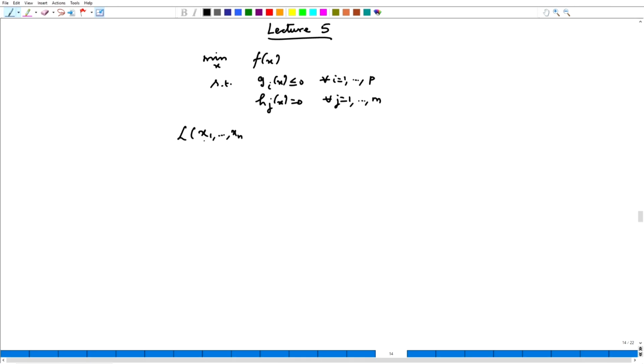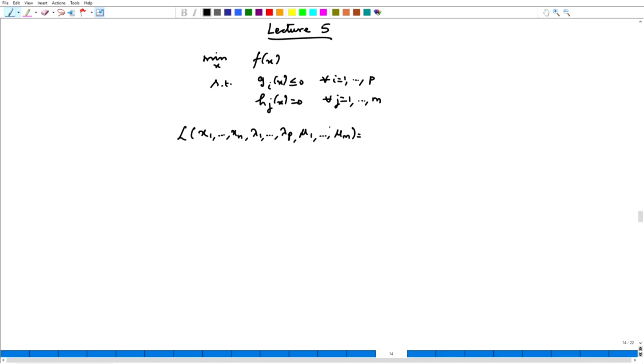So, L is actually a function of the x vector and certain vectors called the Lagrange multipliers for inequality constraints, lambda 1 to lambda p, and the Lagrange multipliers for equality constraints, which is mu 1 to mu m. Okay. So, the Lagrangian is a function of x, lambda and mu. So, there are a total of n plus p plus m variables.